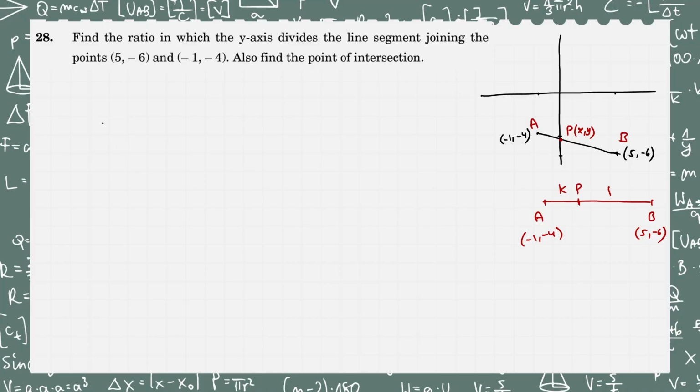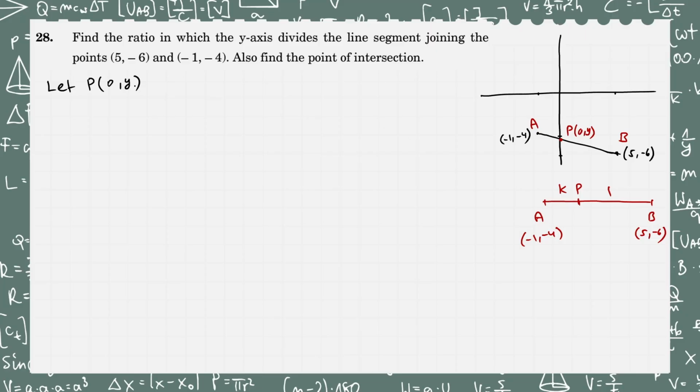Let's see how to solve this. Let P(x, y), we can even call it P(0, y) because it's a point on the y-axis, right? The x value won't be there.